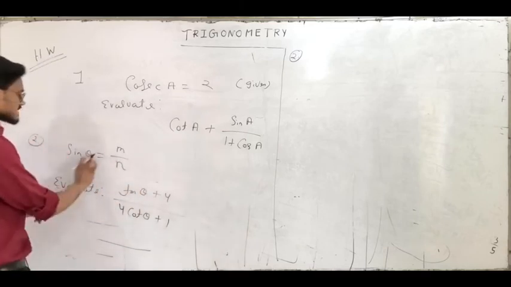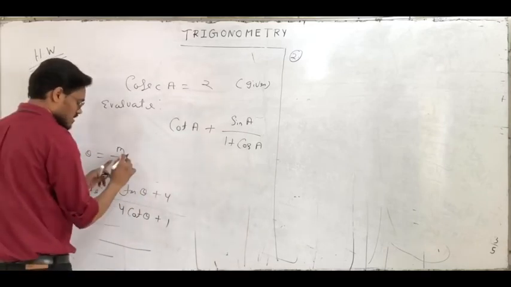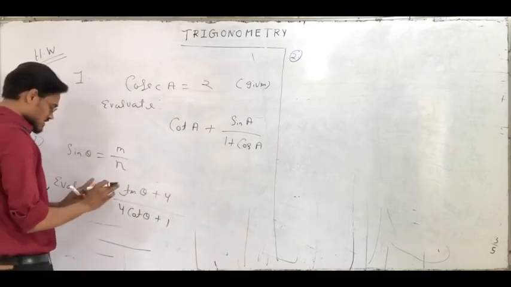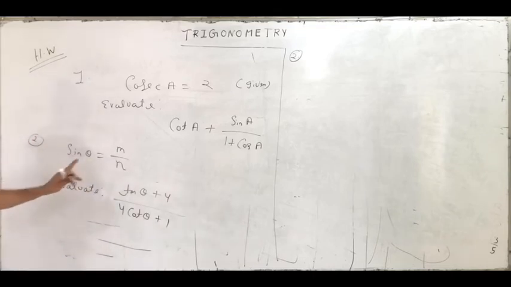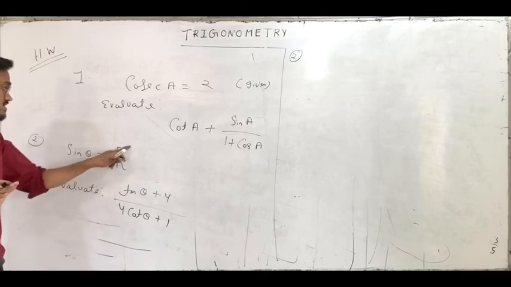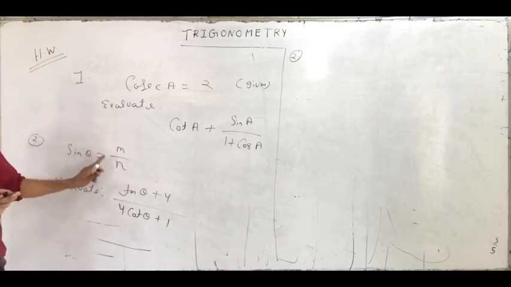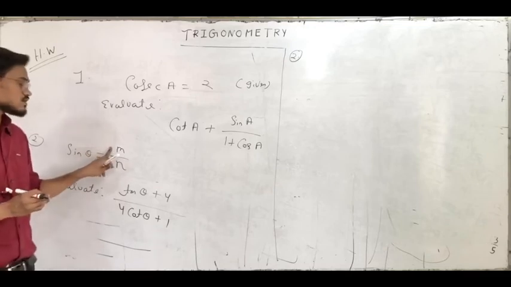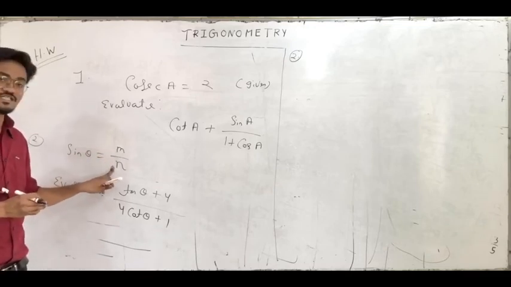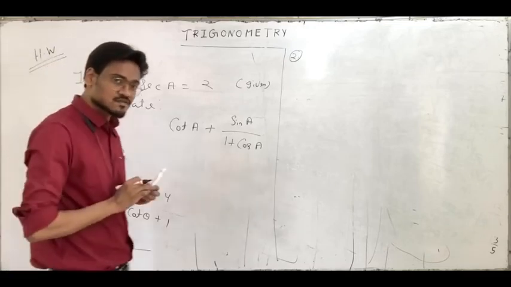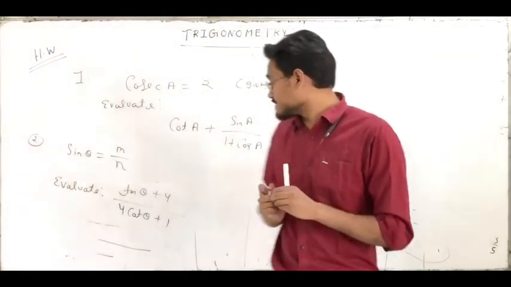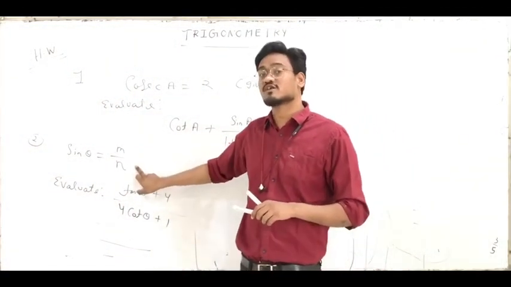You are given sin theta as m by n. See, here answer can be in the form of m and n only. Because we are not given the numerical values, just see here, because perpendicular is m and hypotenuse is n, you can calculate base. What will be the base? Base is gonna be under the root of n square minus m square.